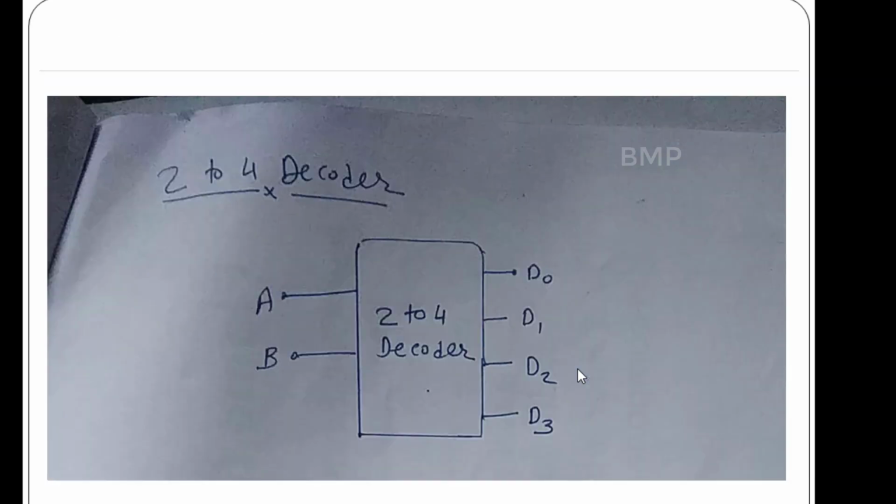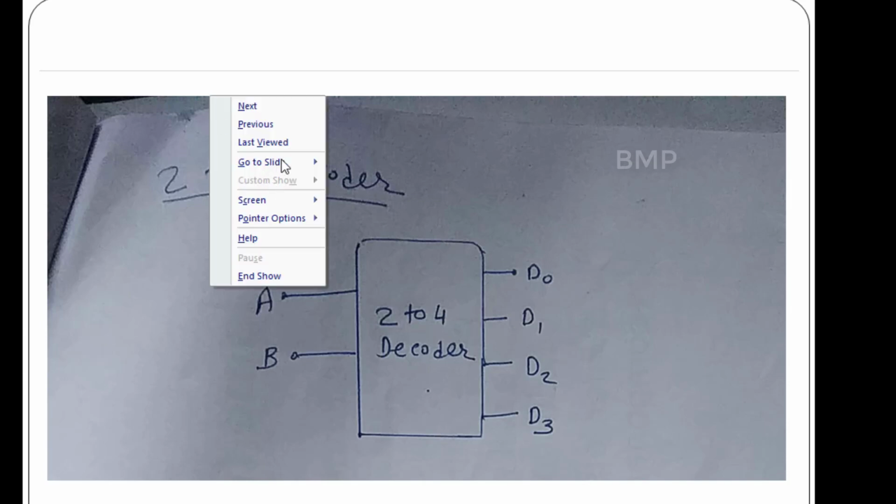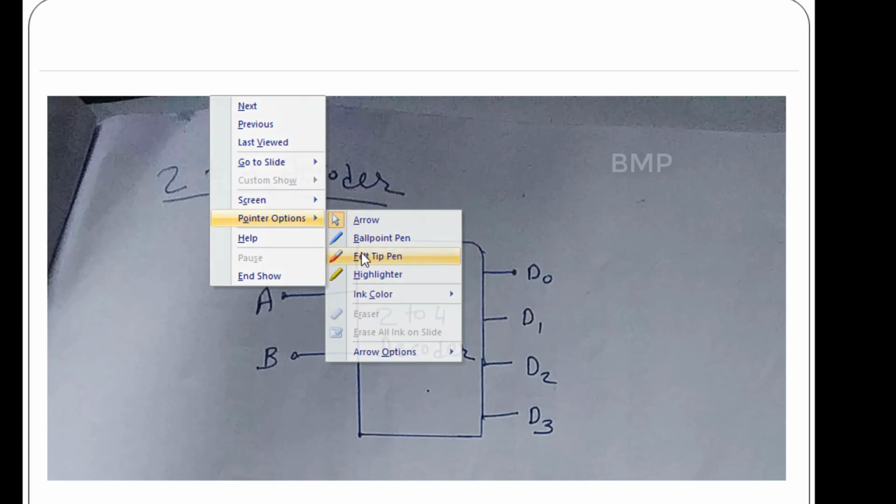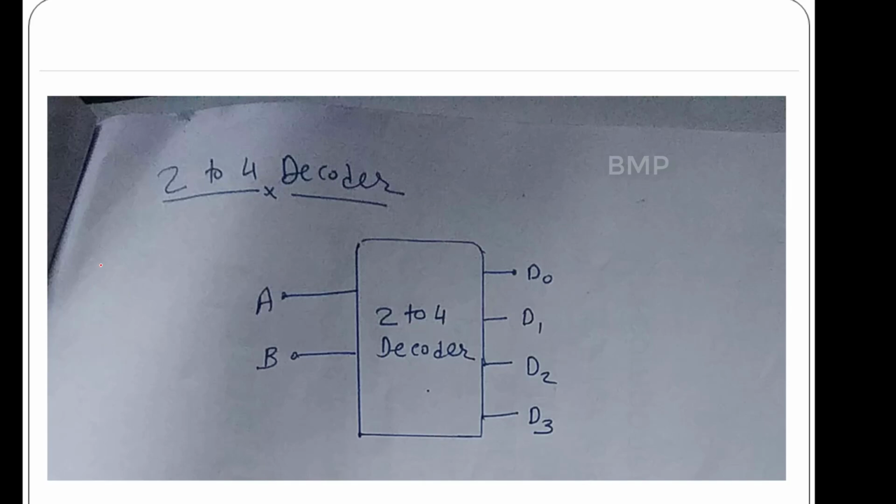So let us discuss the 2 to 4 decoder. In a decoder, your input lines will always be n and your output lines will be 2 raised to n.